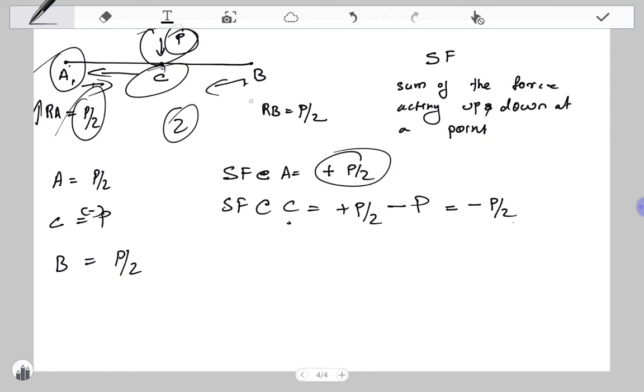Any reactive force after C, then we will take that one of RB.